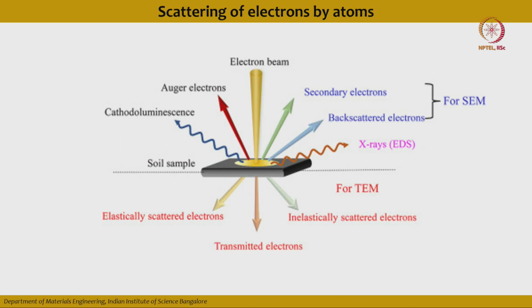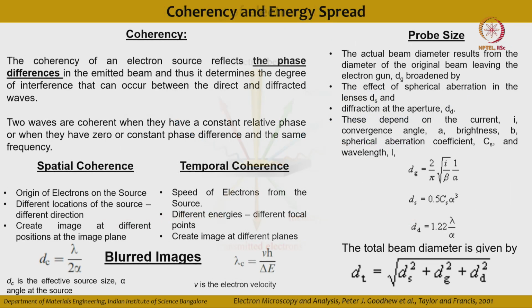So here this is a typical probe size. As I told you, depending upon the spatial coherence, the actual beam diameter results from the diameter of the original beam leaving the electron gun, which is dg, and due to several factors related to the electromagnetic lenses and other aberrations, you will have an effect of spherical aberration which is related to ds.